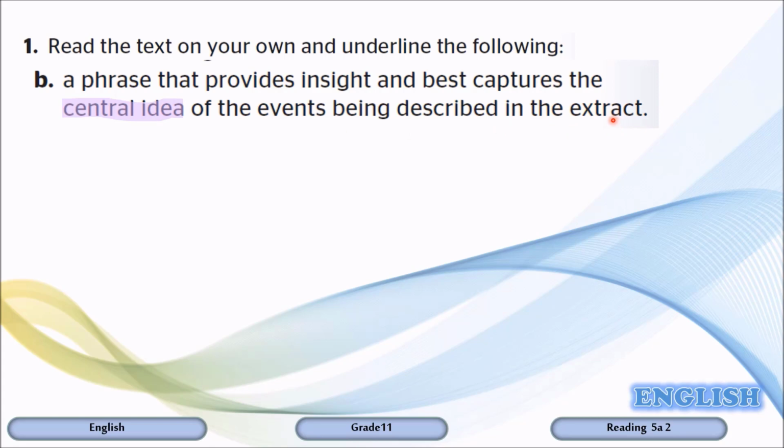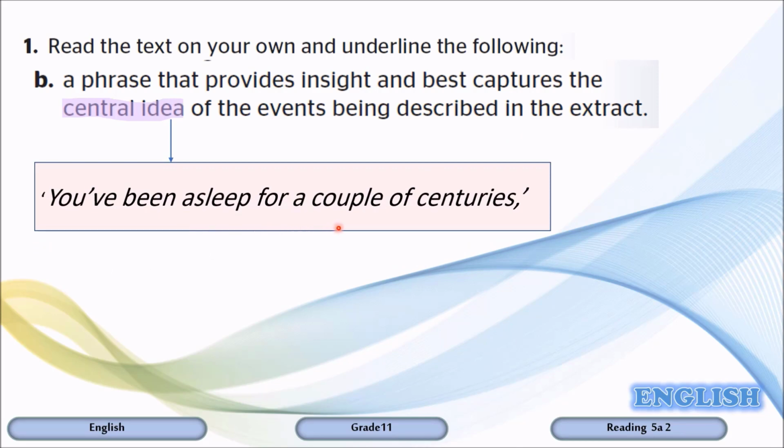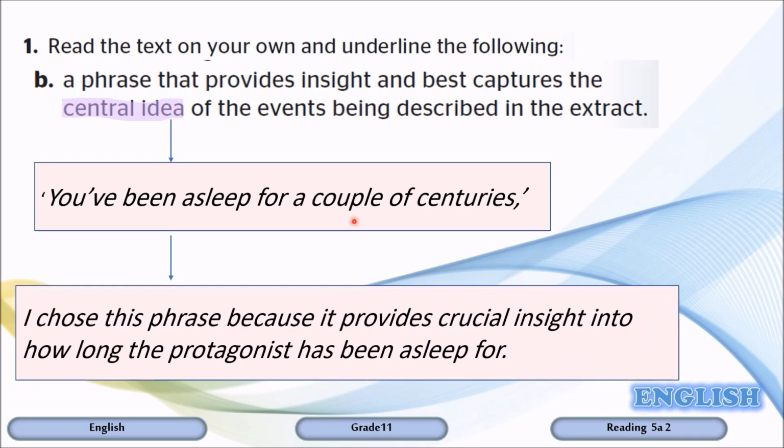You have to give me one phrase that captures the main idea of the whole story. Amazing. You have been asleep for a couple of centuries. How long has he been asleep? A couple of centuries. So my question is, why did you choose this phrase?